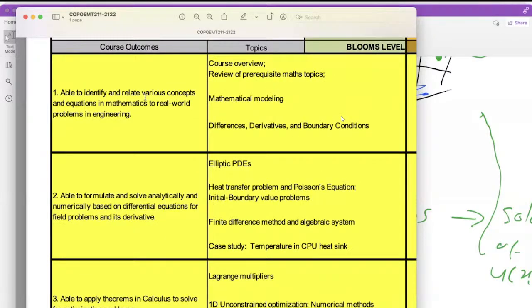As you can see, if you look at the first outcome, don't just look at this in terms of the mathematical modeling section that I just mentioned in 15 minutes or less. What you've been doing all this while with me and later on with Dr. Sarah is to enforce the idea that you are able to relate when you come across problems in physics.